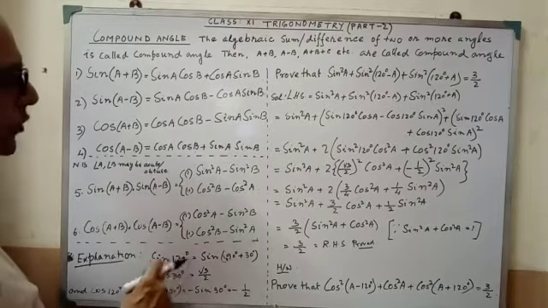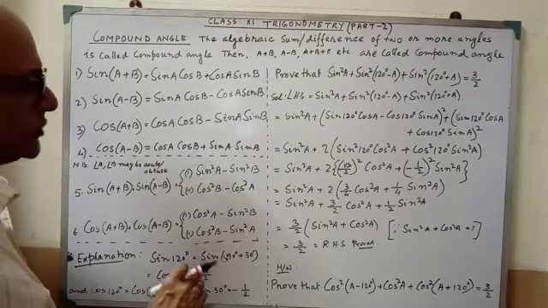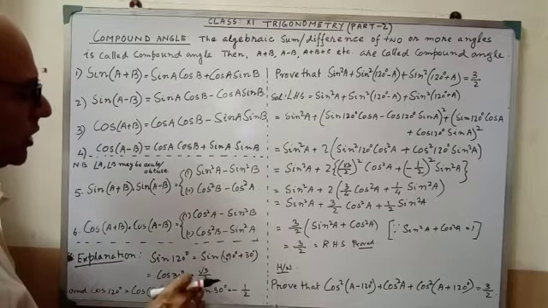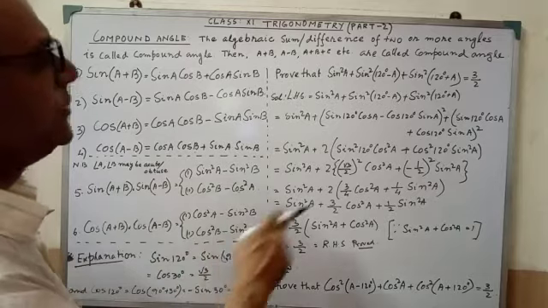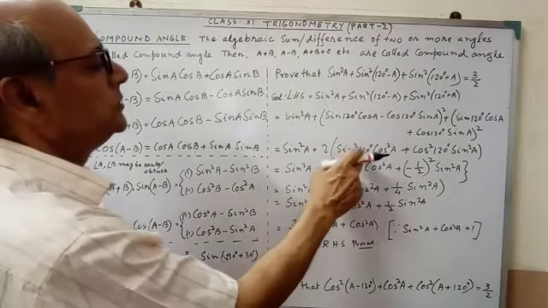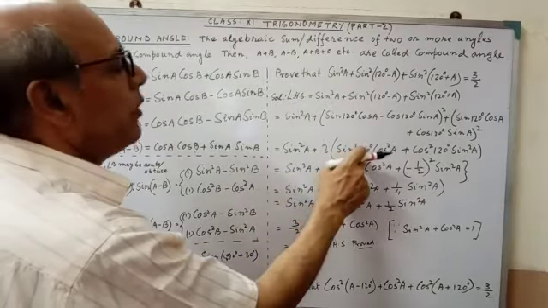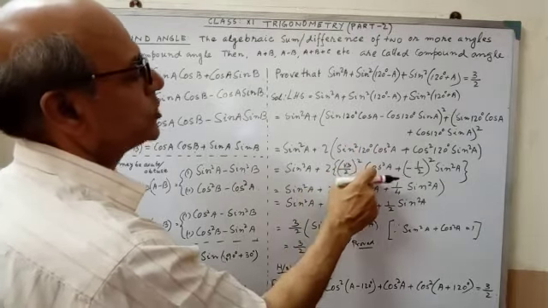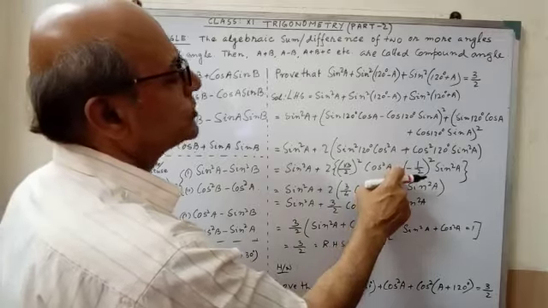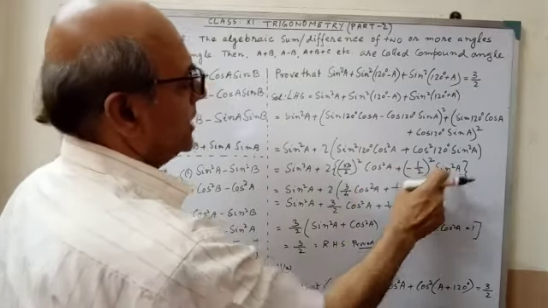This portion no need of showing in the solution. This is for your convenience. I have explained it here. Now directly you may put the value of sine 120 degree in this way: 2 into [(root 3 by 2) whole square into cos square A plus (half) whole square into sine square A].